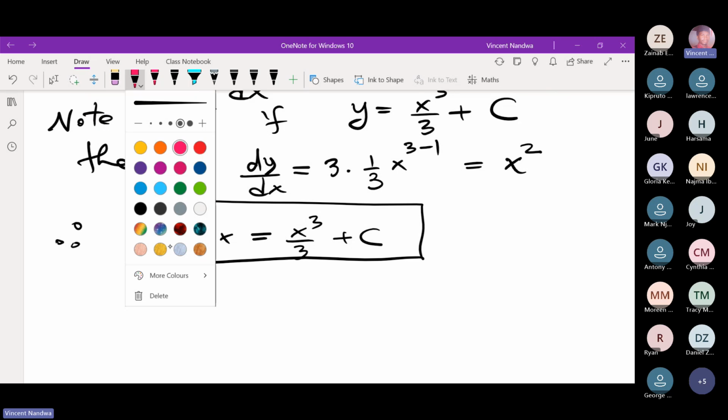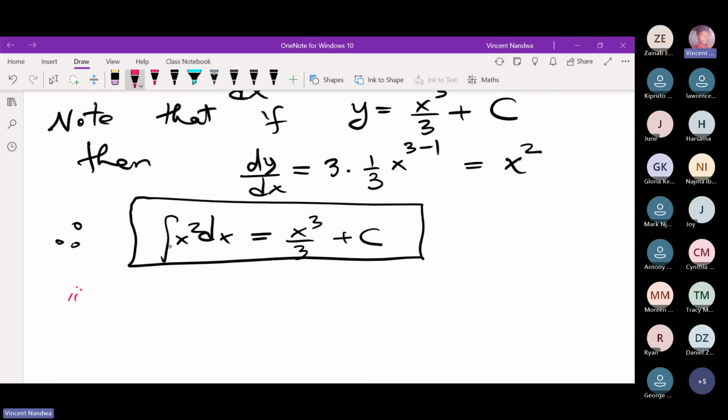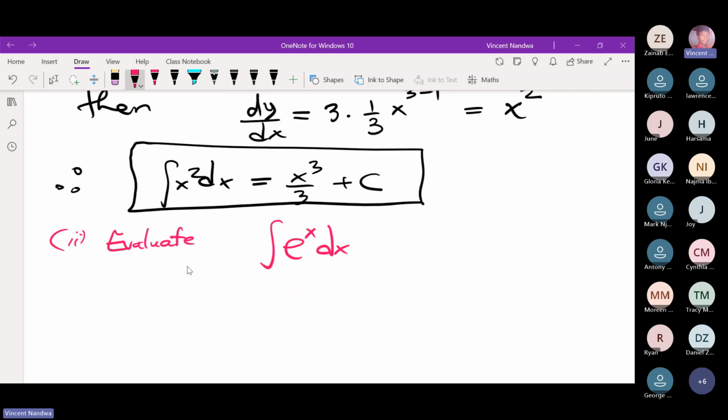Another example, for activity number 2: evaluate this integral, e raised to power x dx. It means, can you get a function whose derivative is e raised to power x?